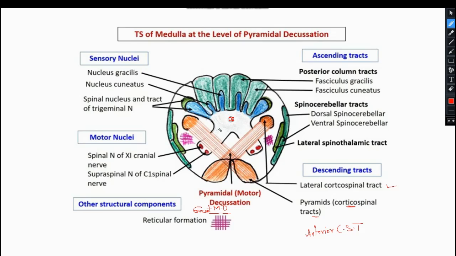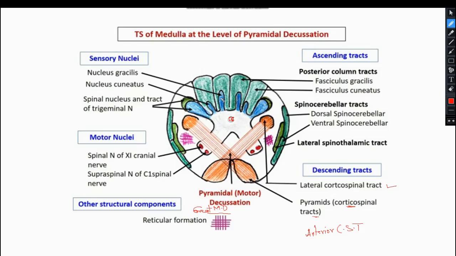Anteriorly it has one projection directed anterolaterally, on this side and this side, whereas on its dorsal or posterior aspect, you can see this projection.